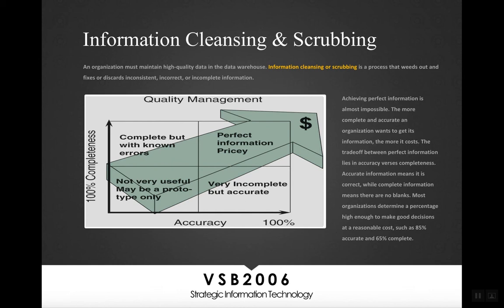This is not a rule of thumb, just an example, and once again, this is a business decision driven by specific requirements. One example would be establishing a rule of 85% accuracy and 65% completeness. But as we say, your mileage may vary depending upon the particulars of that organization.